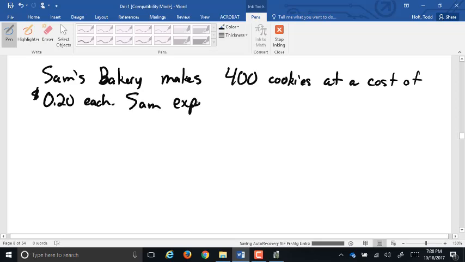Sam expects 10% to break or spoil without being sold.